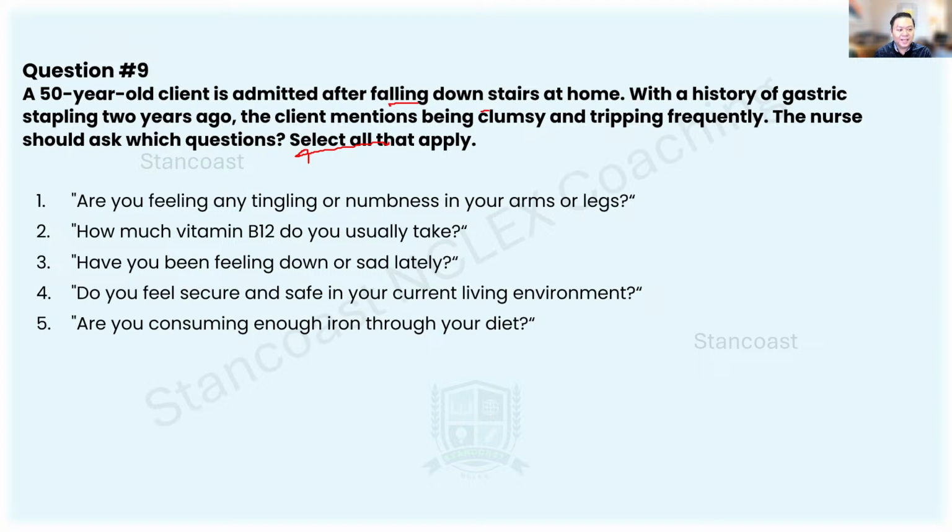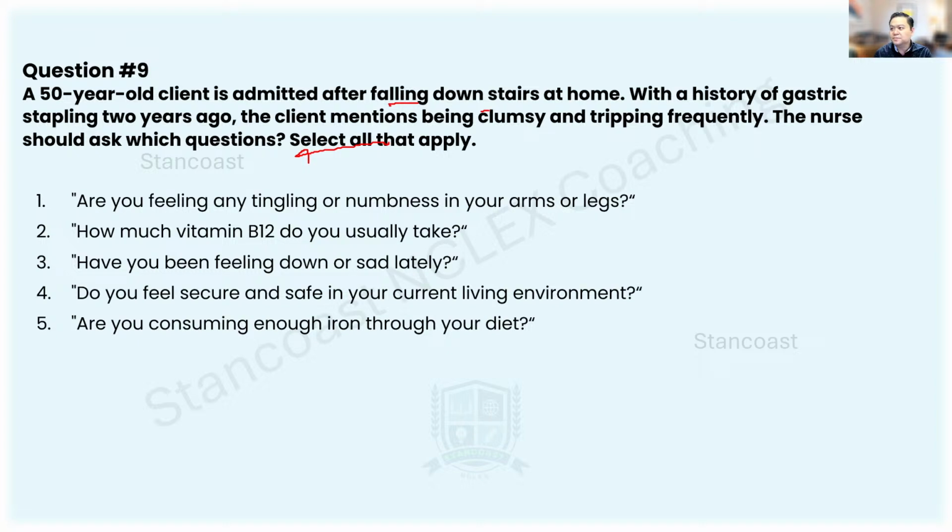Okay. And 4, do you feel secure and safe in your current living environment? And we have 5, are you consuming enough iron through your diet?